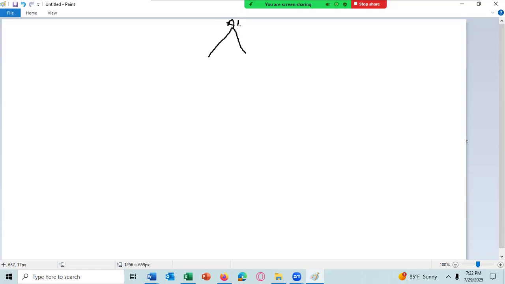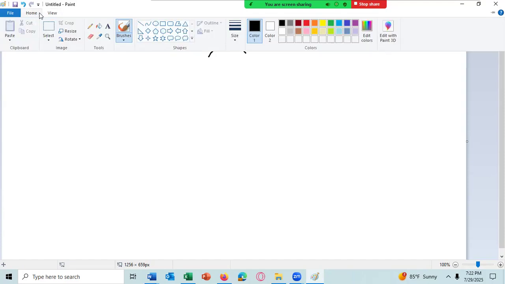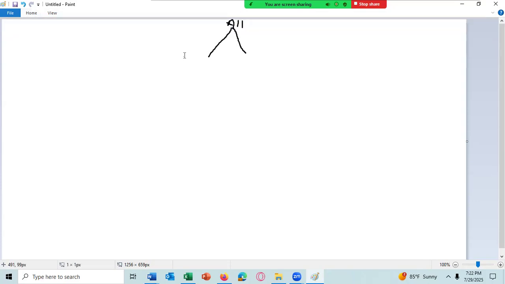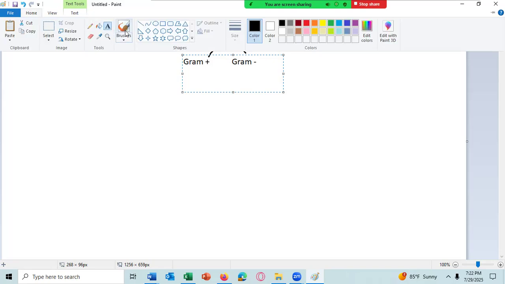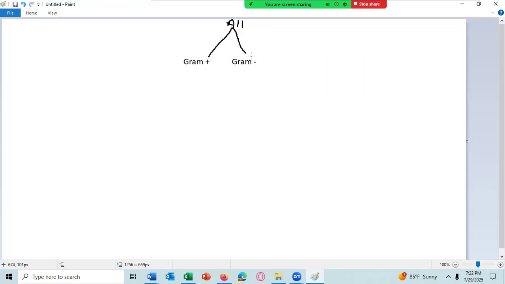You can then split it down into gram positive and gram negative species. You can then do the gelatin. Let's say it's gram positive, so we can cross out gram negative.